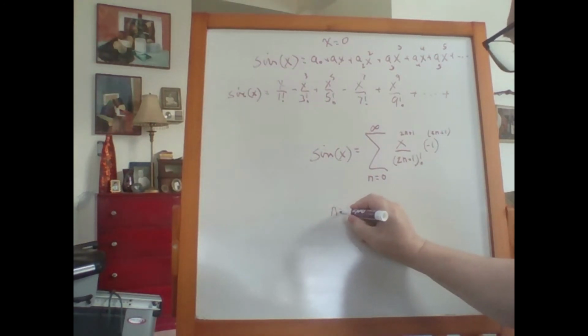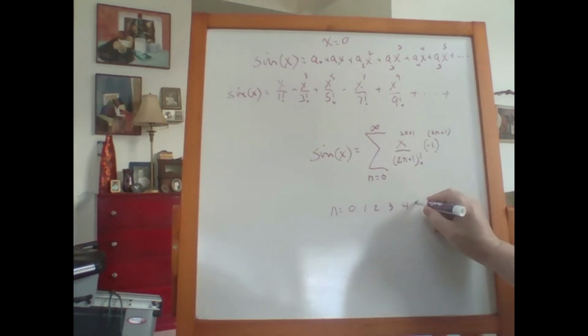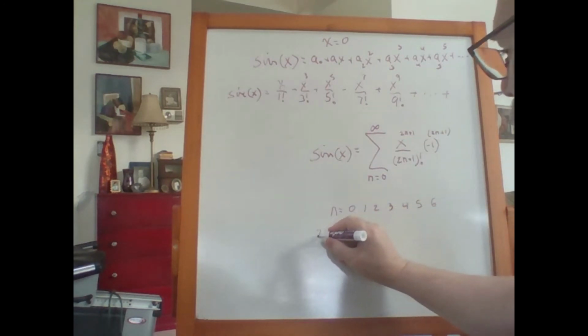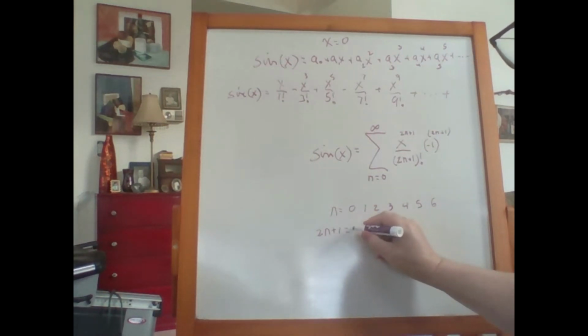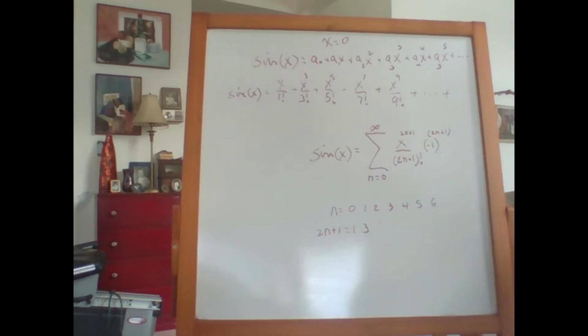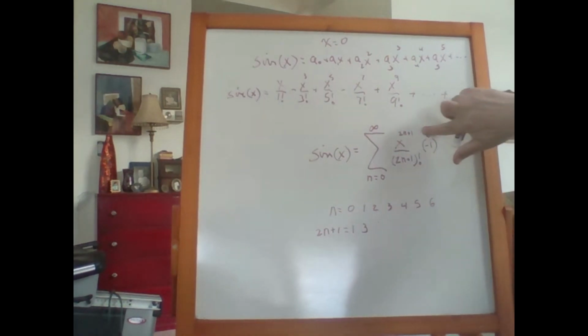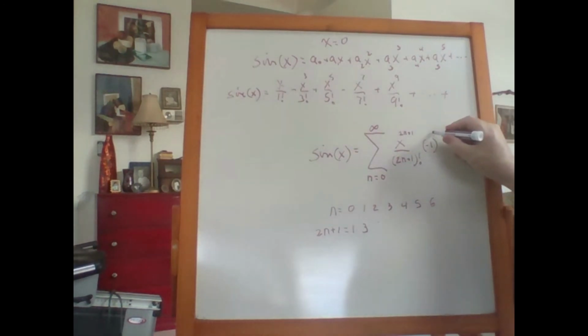So when n equals 0, 1, 2, 3, 4, 5, 6, 2n plus 1 is going to be 1. This is going to be 3. This is going to be, let's see. No, you know what? I think all we need is just n. See, this is what I say about figuring these things out.